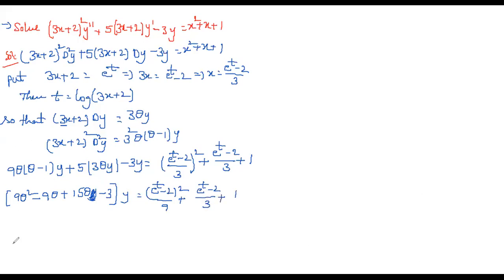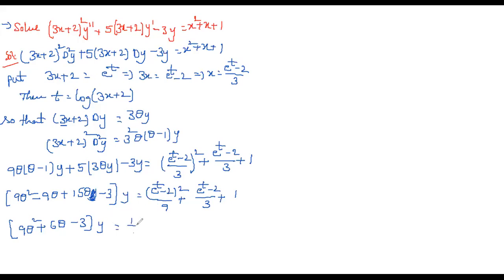Okay, so if you take LCM, first on the left side we get 9 theta square plus 15 theta minus 9 theta, that is 6 theta, minus 3 into y is equal to, here you can take LCM.